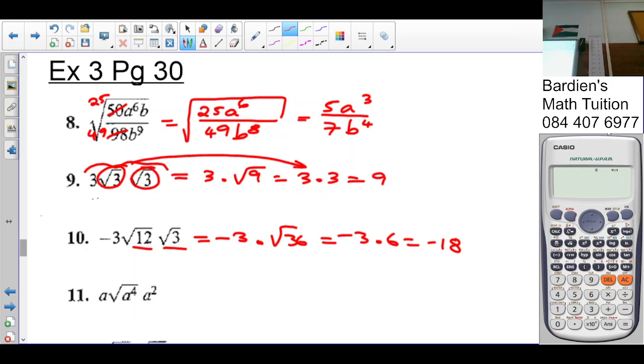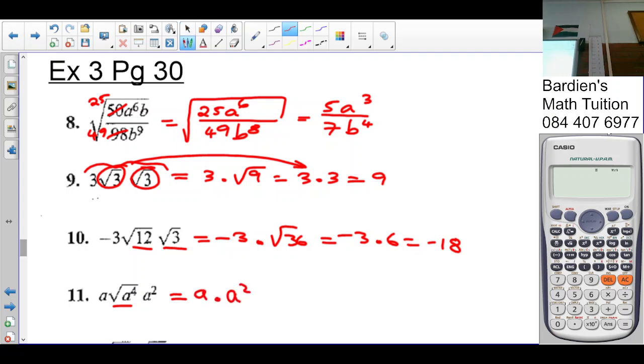Okay. The next one, the square root needs to be applied first. How many terms are there? How many terms are there, people? Not so. So what's the square root of a to the exponent 4?